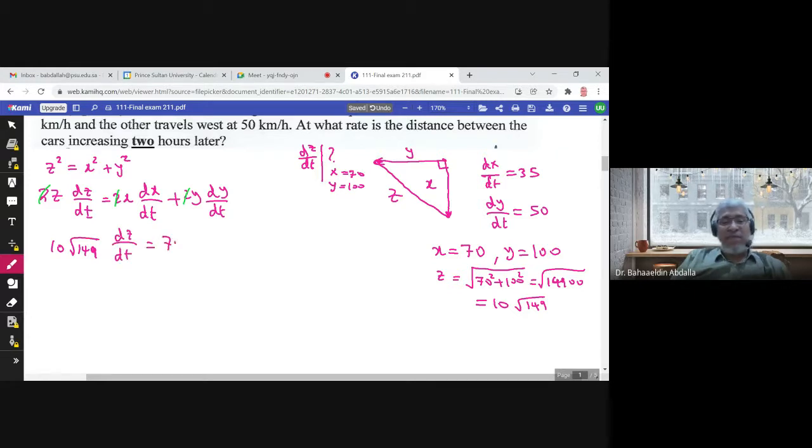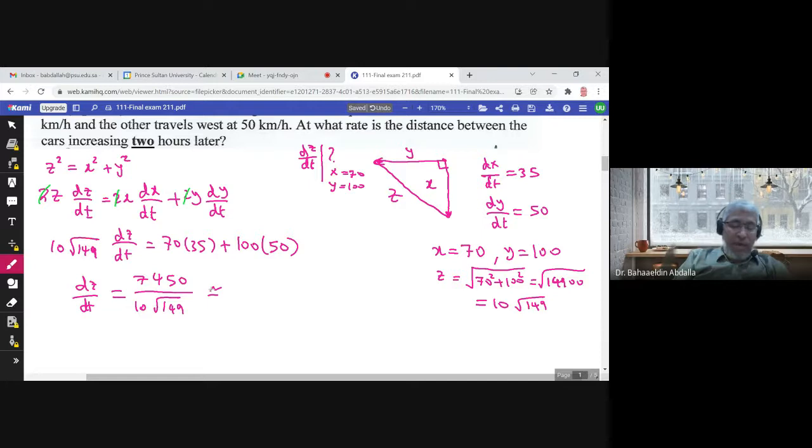x is 70, dx by dt is given, it is 35. y is 100 after 2 hours, dy by dt is given, which is 50. So dz by dt would be equal to 70 times 35 plus 100 times 50, that's 7,450 over 10 square root of 149.